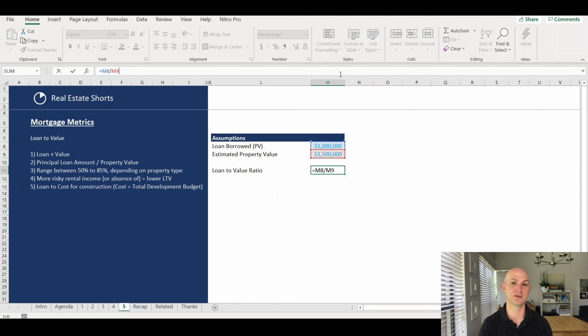So they may be willing to stretch higher on loan to value on an existing multifamily with government subsidized housing, or go much lower on raw land, and really everything in between. If you want a good starting point, I'd recommend you start at about 65%, and then work your way up or down based on where you are in that risk spectrum from the lender. As always, the more risk, the lower the LTV, and vice versa.